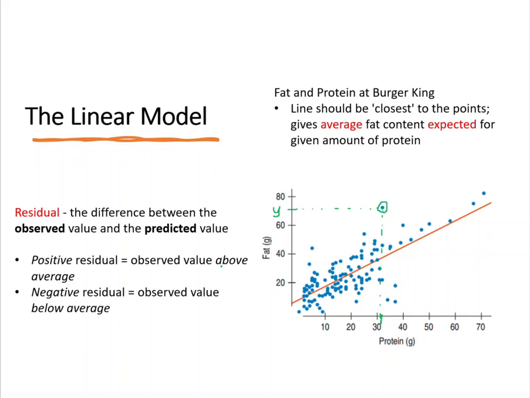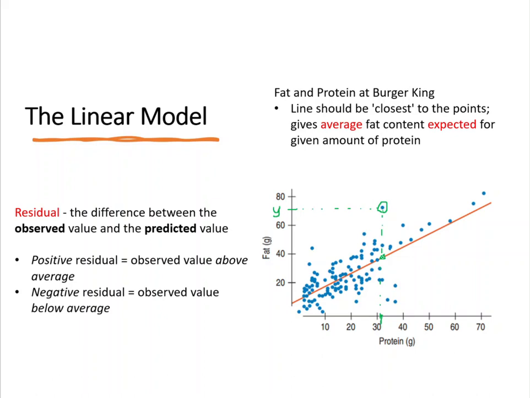But our model is telling us that if I have 31 grams of protein, I'm going to cross, and I'm kind of putting my line right here, I'm going to cross right here where I have scribbled a little orange dot.